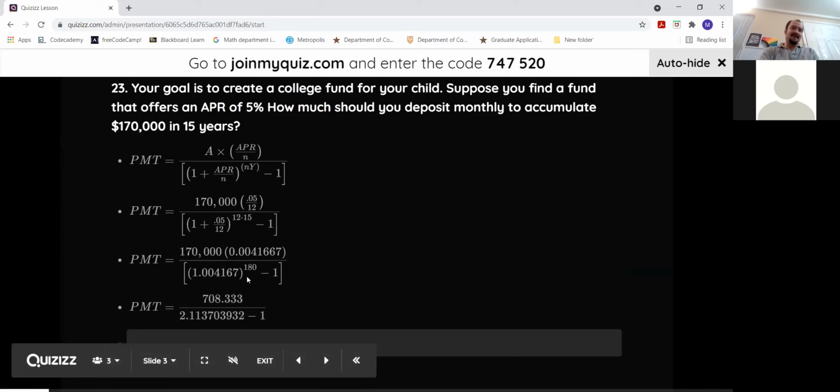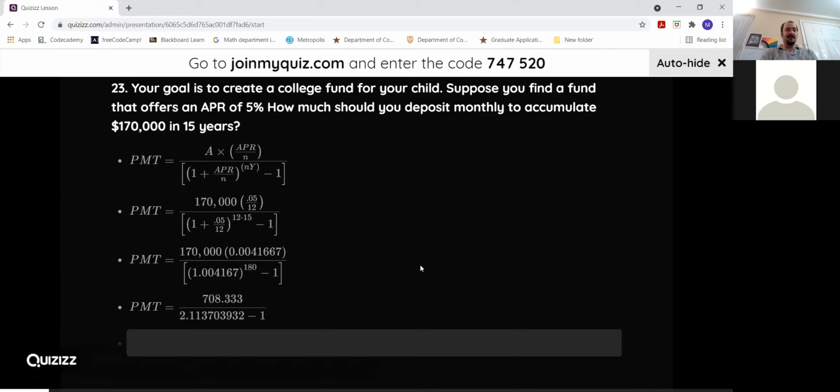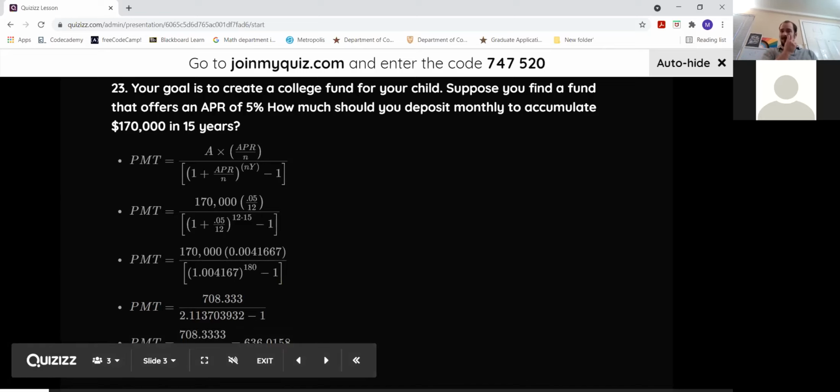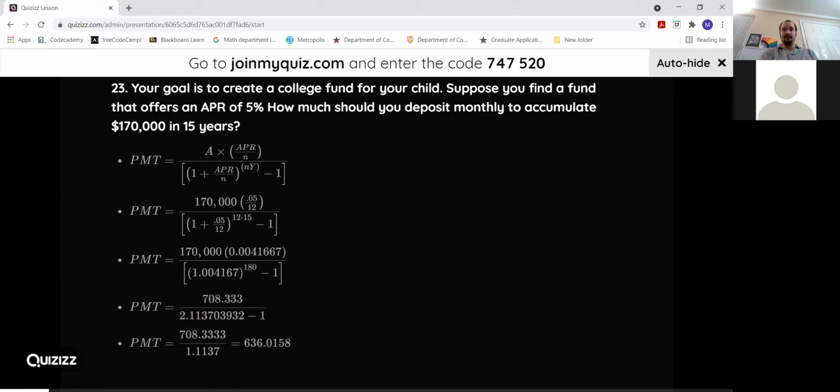I do this in the calculator: 1.00416 repeating to the 180 should give me like 2.11. I still have to subtract 1 from that and then divide 708 by that. That should give me something like 636. If they said to the nearest cent, I think I have to do .02, but around $636.